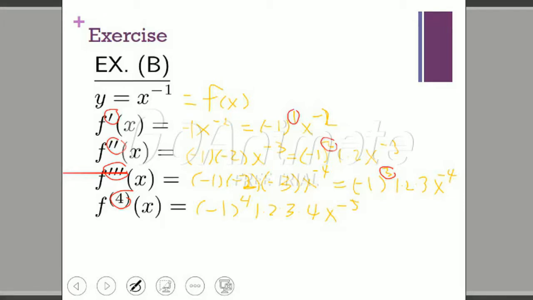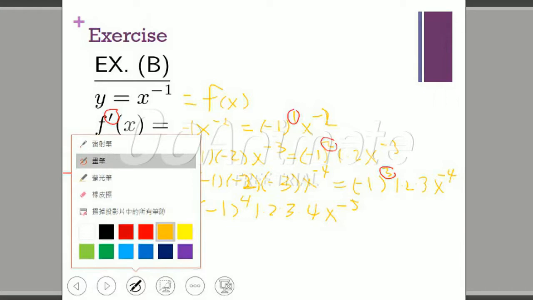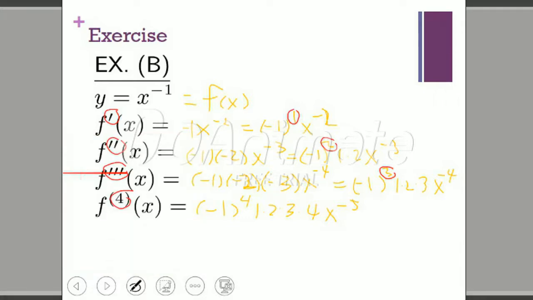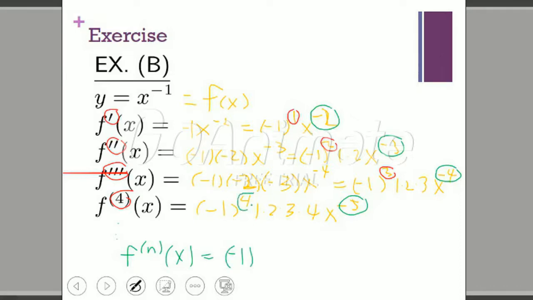And you can also see a pattern in the powers of x. First derivative, x to the power minus 2. Second derivative, x to the power minus 3. Third derivative, x to the power minus 4. Fourth derivative, x to the power minus 5. So in general, the nth derivative of f of x is equal to minus 1 to the power of the same order of the derivative, which is n.